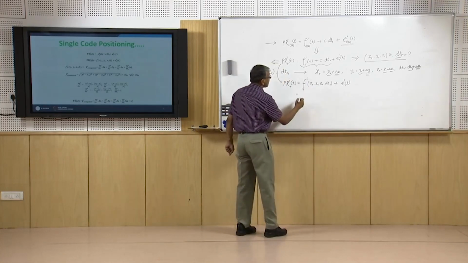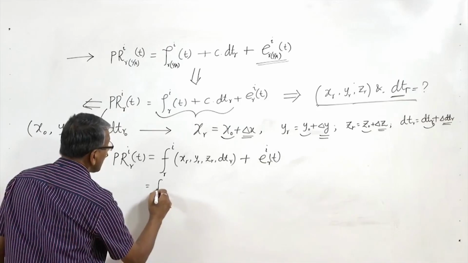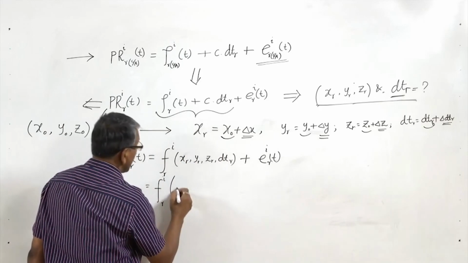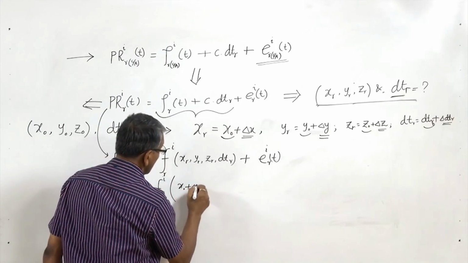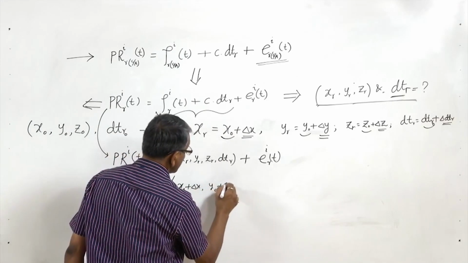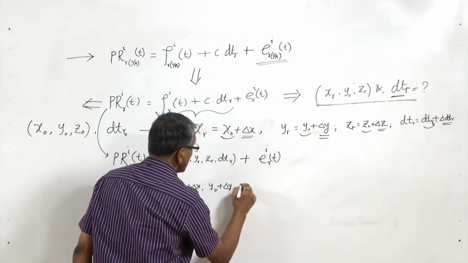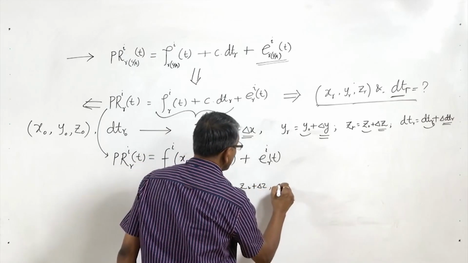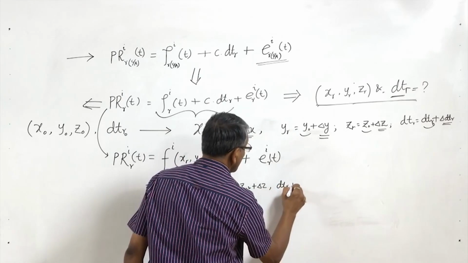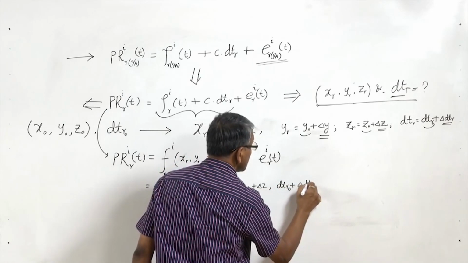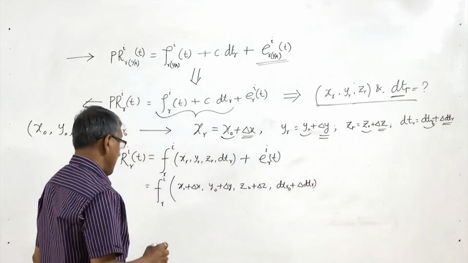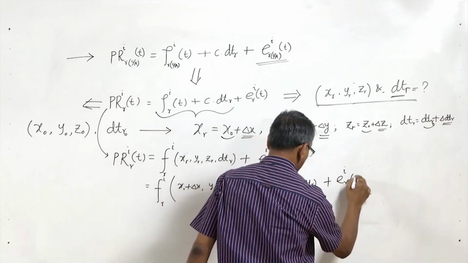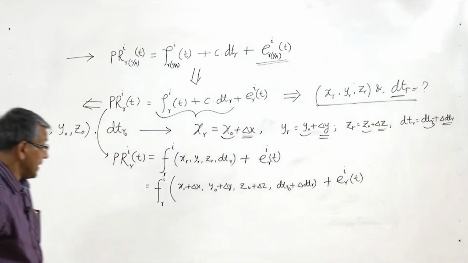Now we can write this function f_i(R), instead of X_R, I can write X0 plus del X, Y0 plus del Y, Z0 plus del Z, dt_R0 plus del dt_R, plus this is the error.